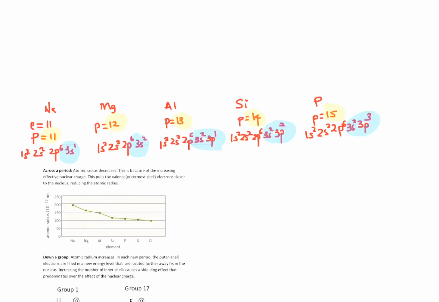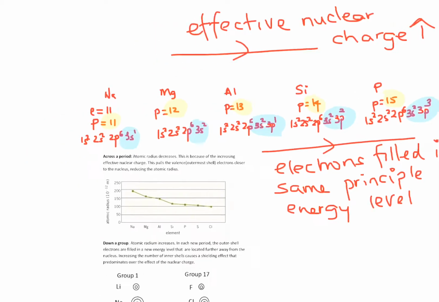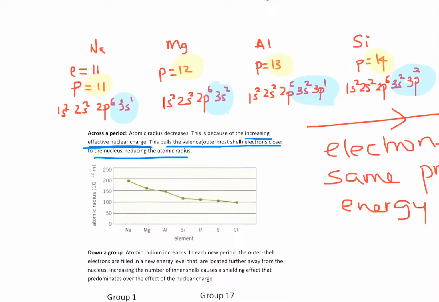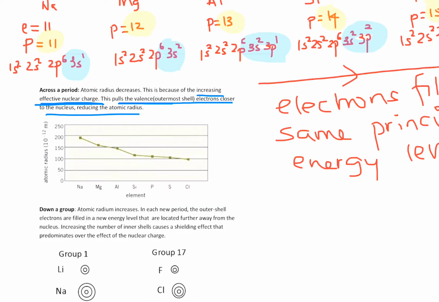So we have more positive charge, so effective nuclear charge increases while the electrons are being filled in the same principal energy level, which means that there is an increasing effective nuclear charge that pulls the valence electrons closer to the nucleus. So as it's pulling them closer to the nucleus, they're going to get smaller across the period.